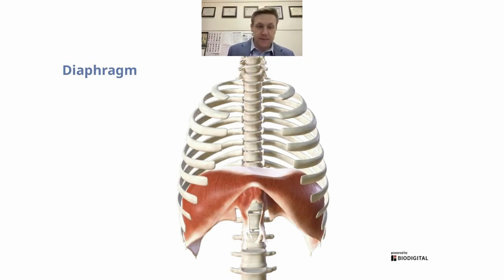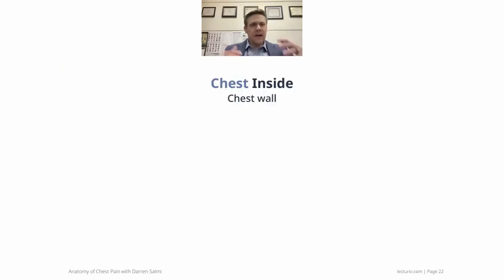And it's the diaphragm that comes along and separates it into a separate thoracic and abdominal cavity, or in other words, a separate pleural and peritoneal cavity. And I say that because we're going to talk about the pleural lining of the chest cavity, which is pretty much the exact same thing as the peritoneal lining of the abdominal cavity. All right, so that's the boundaries of what's holding the chest cavity inside.